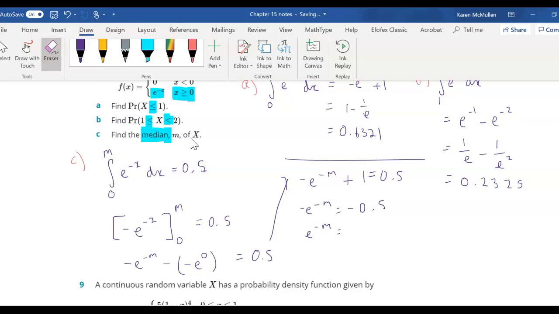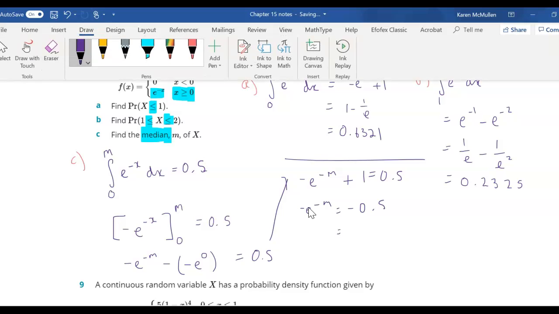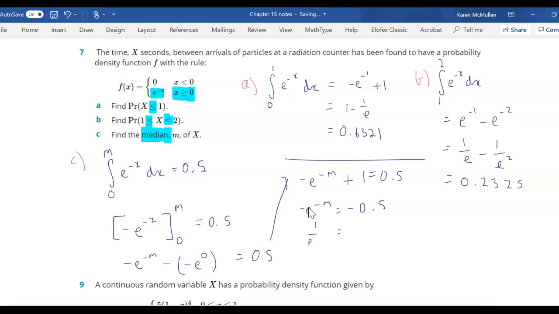Actually, I'm going to write this as a positive power too. So e to the negative m is just 1 over e to the power of m, and 0.5 is just a half. Remember, they become both positive now because they were both negative before. So that means e to the power of m is equal to 2. And to get m on its own, we just take the natural log of both sides. So that leaves us with m equals natural log 2.